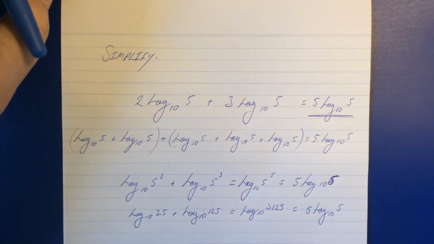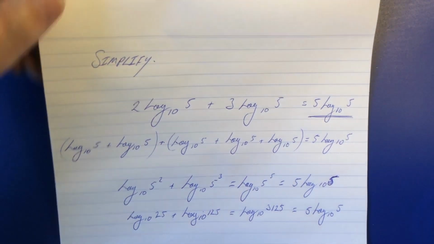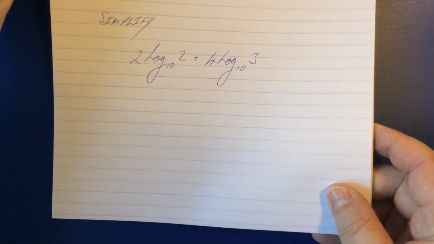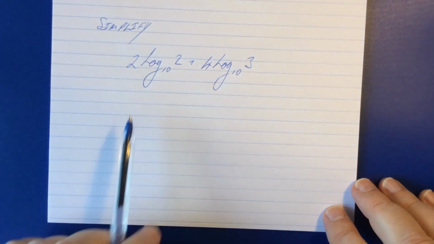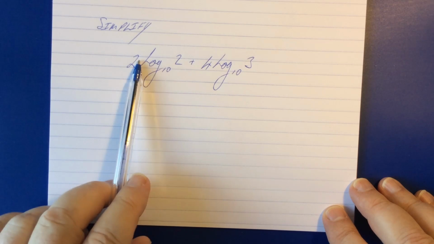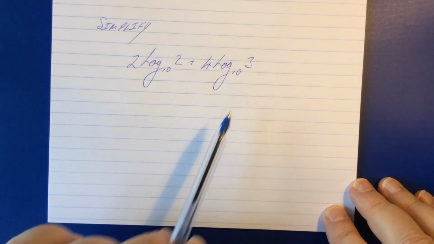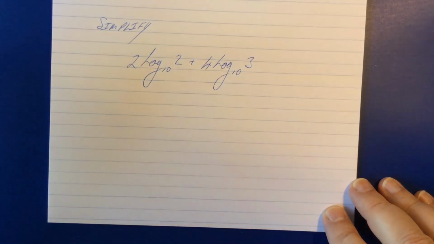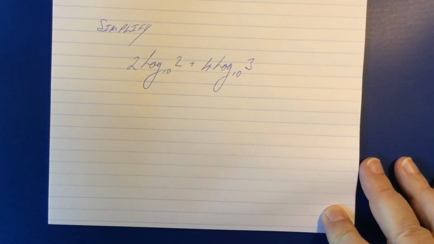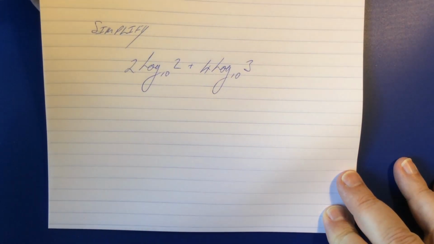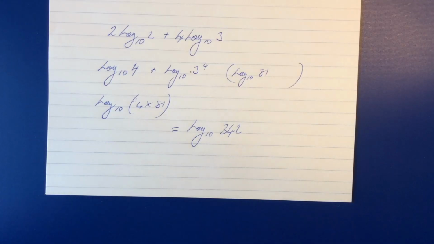Okay, so we have a second problem to look at, and it is this. So we're going to simplify this expression. 2 log 10 of 2, 4 log 10 of 3. Okay, so let's get into that. And again, I've worked it out hopefully in such a way that it's kind of readily explicable. And here it is.